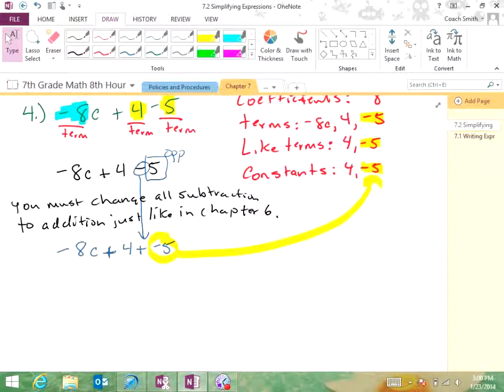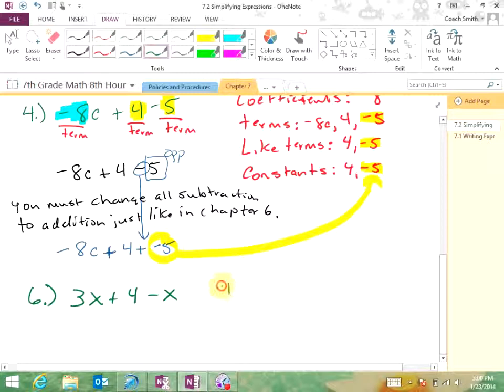Now, so I want to look at another problem. I want to look at this problem right here. This is problem number 6. 3x plus 4 minus x.